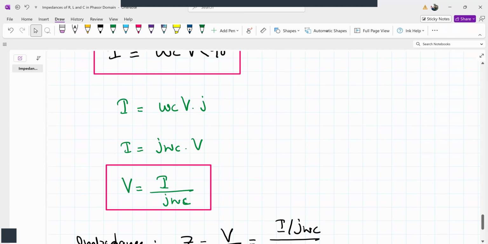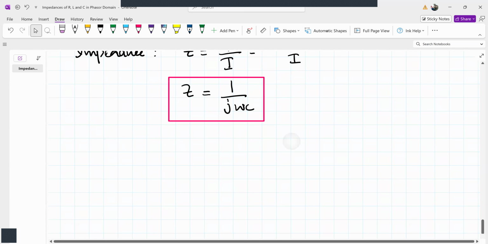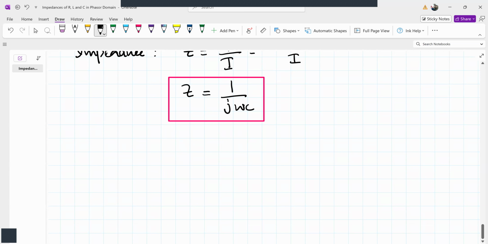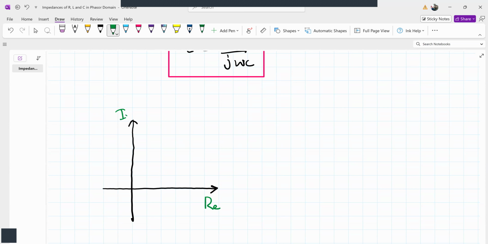And in the phasor domain, the current leads the voltage by 90 degrees. So if we have to draw the phasor diagram of this, first let me draw the general complex plane. So this is the real axis. This is the imaginary axis.